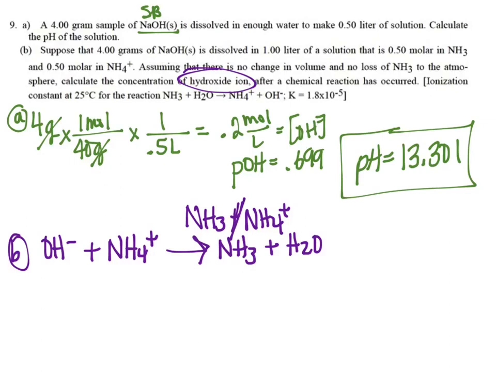I need to know how many moles of sodium hydroxide we have. So we have 4 grams divided by 40, 0.1, and it's in 1 liter. So we have 0.1 moles of hydroxide. We have 0.5 molar ammonium, and it's in 1 liter, so it's 0.5 moles of that, and 0.5 moles of NH3.